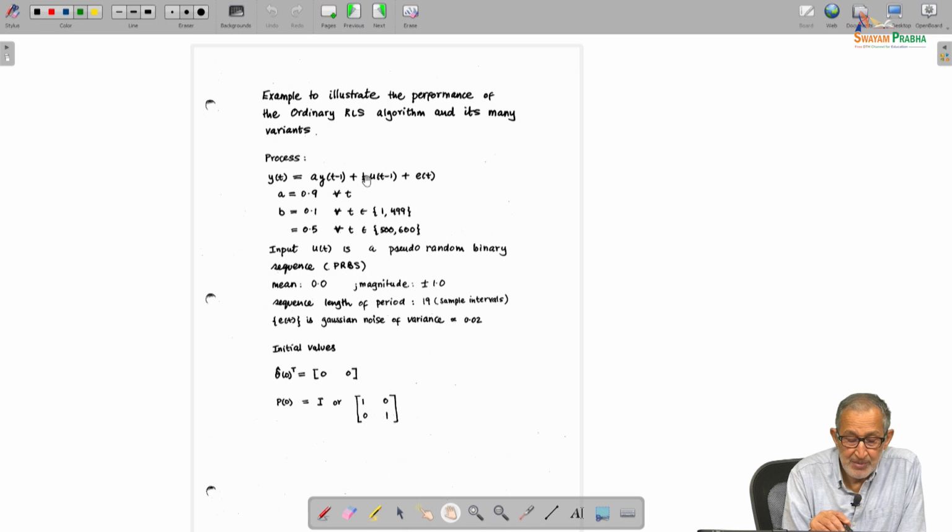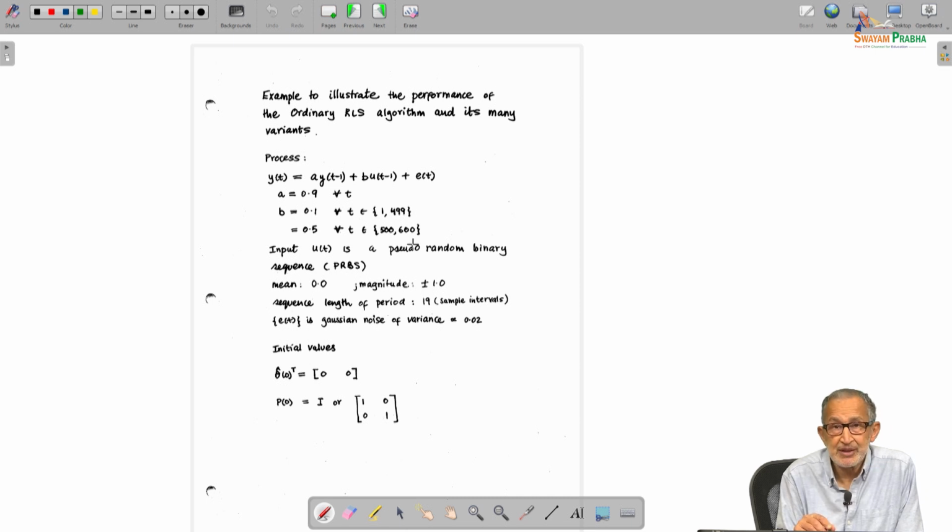Then the value for b is 0.1, and we change the value of b. For the first 499 sample intervals, b is 0.1. Then for the remaining 100 sample intervals, from 500 to 600, b assumes a value of 0.5.